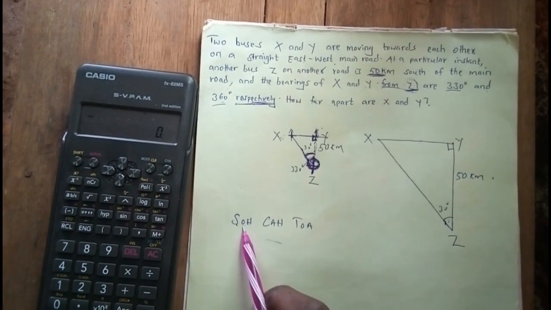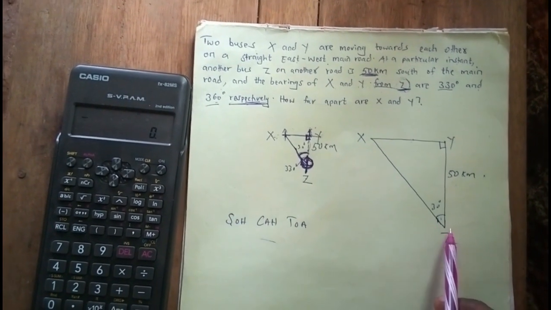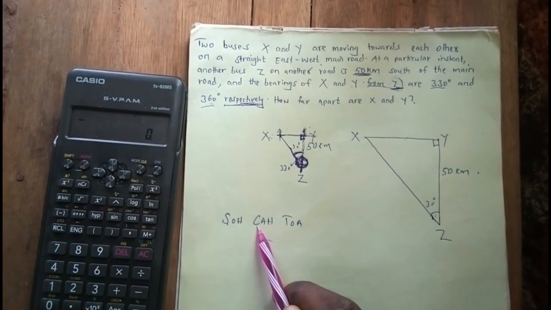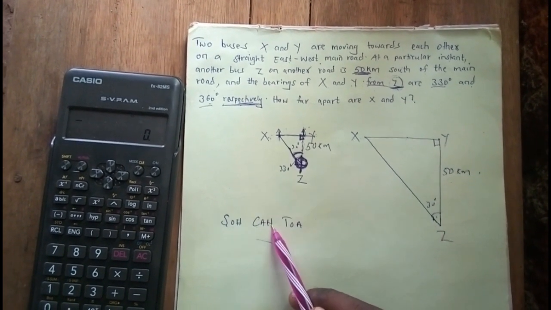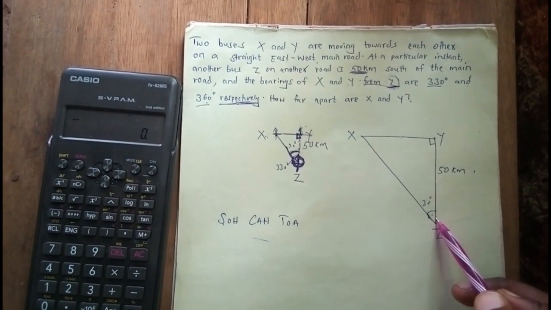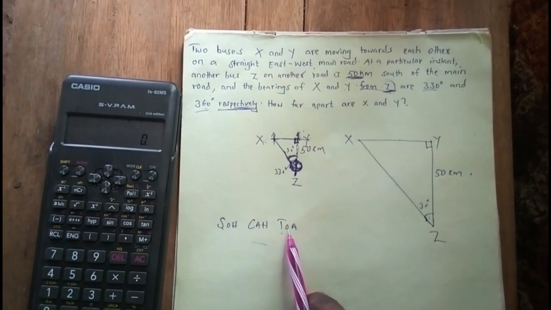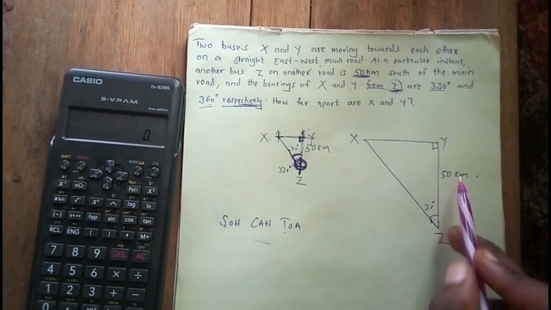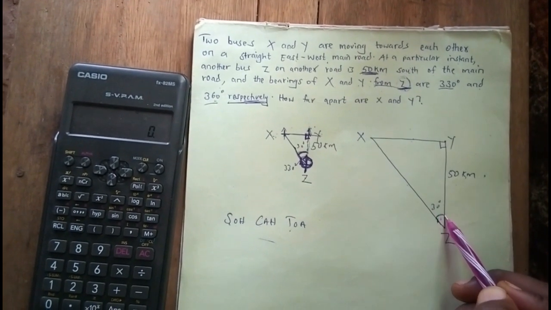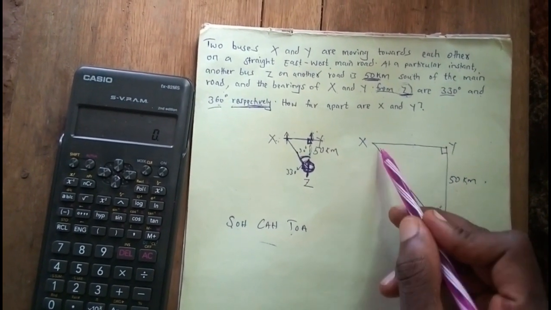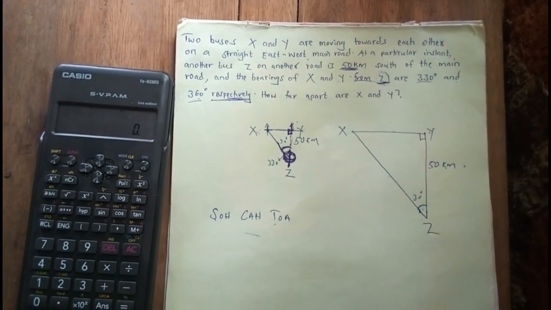Sine is opposite over hypotenuse, and in this case, this is the hypotenuse. Cosine is adjacent over hypotenuse, so this is the adjacent and the hypotenuse. And tan, tangent, we have opposite and the adjacent. So we can use this angle and this side to find XY.